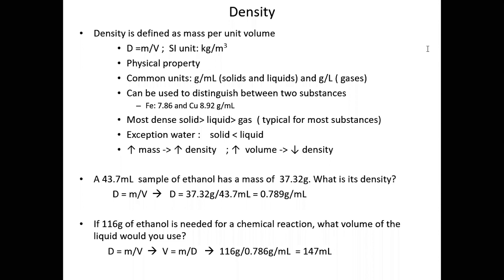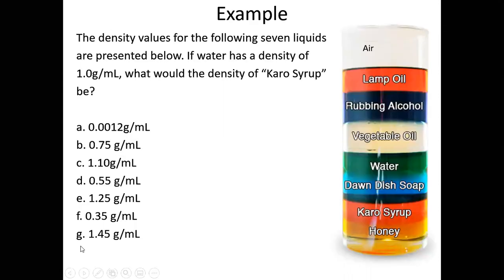Now we're going to look at some examples of problems involving density. The first example is more of a qualitative example. Here we have this picture that has the density of 7 different liquids plus air. And we know that water has a density of 1 gram per milliliter. What would be the density of the syrup? So we look here.